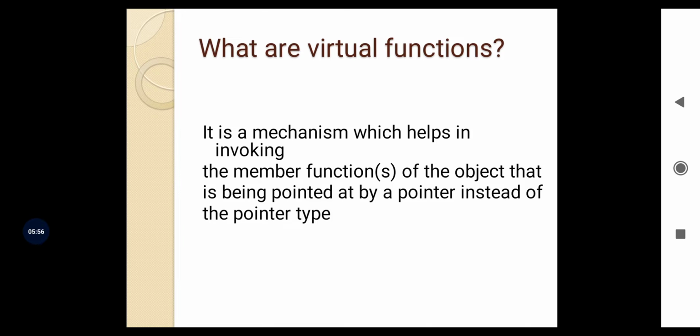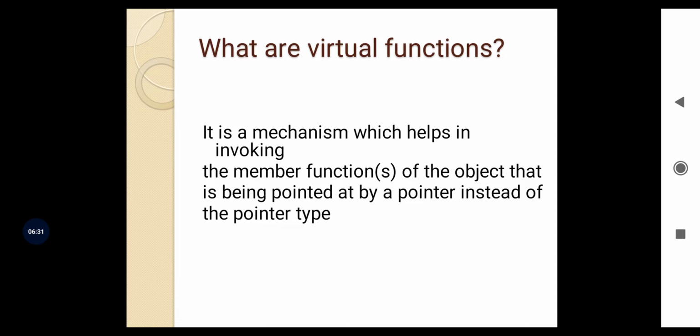Now, what are virtual functions? It's a mechanism which helps in invoking the member functions of the object that is being pointed at by a pointer instead of the pointer type. So what is meant here is that rather than looking at the pointer type and associating a function with the pointer type, we would look at which object the pointer is pointing to and invoke the method of that object, and not of the type to which the pointer is defined, right?